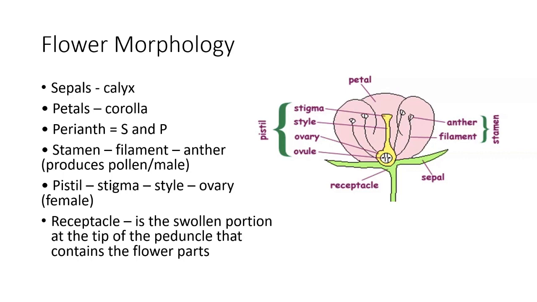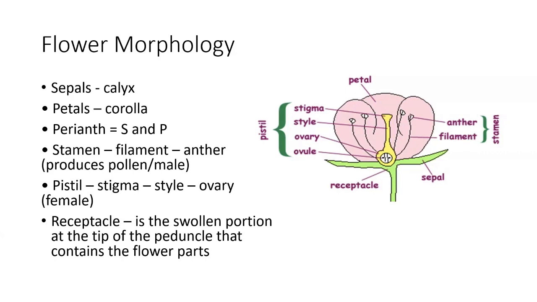If you were to sneeze in the springtime, it's where all the pollen is produced. And the filament is often like a little string that attaches to the flower. So you have the top part, the anther, where all the pollen grains are. And then the filament helps that anther attach to the flower.